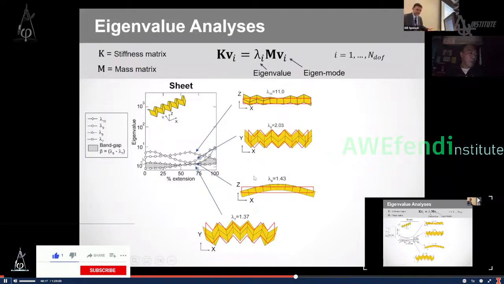And when you look here at the sheet, that is essentially this kind of configuration, you can see that this is very floppy. And as you can see here, the eigenvalue versus the extension is not very clear. You don't have anything clear, and even this band gap is very small.